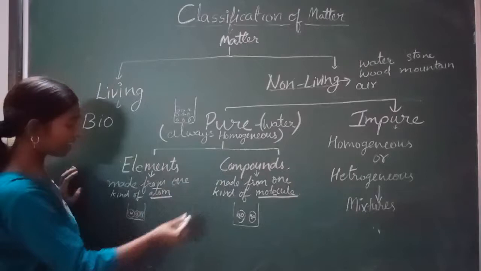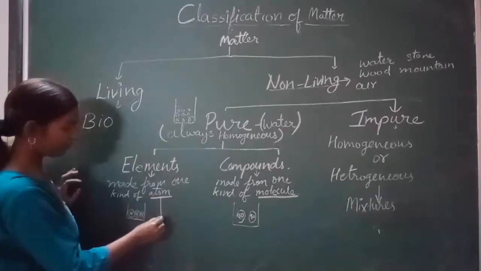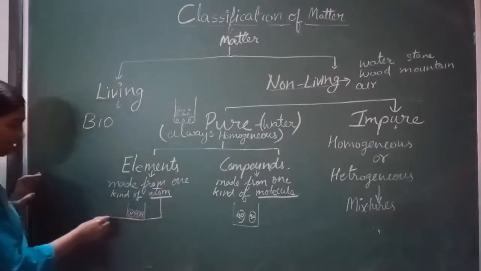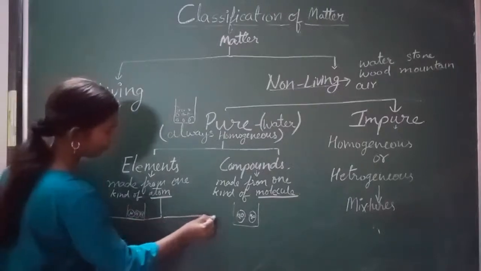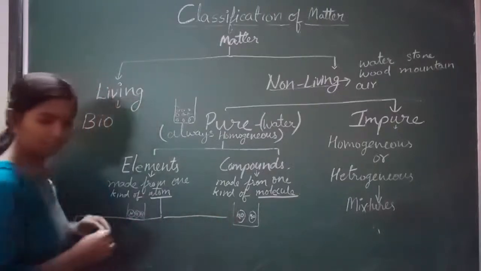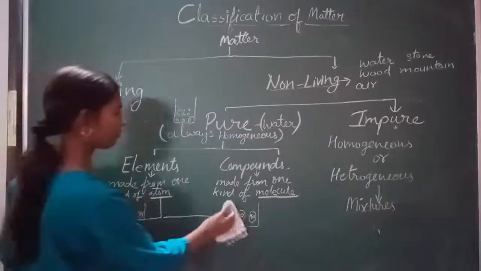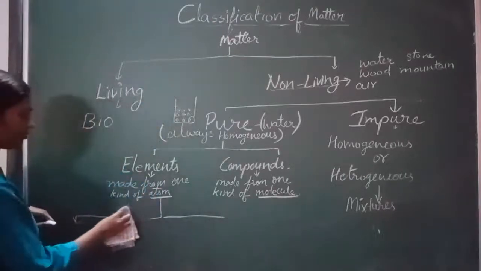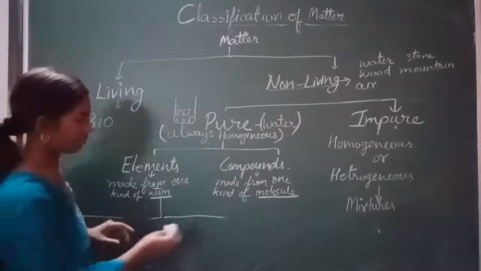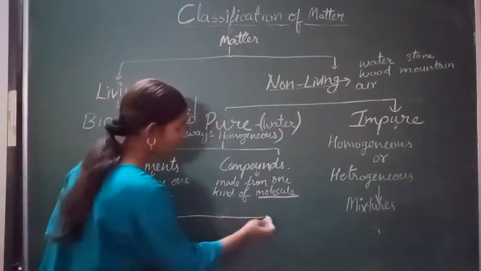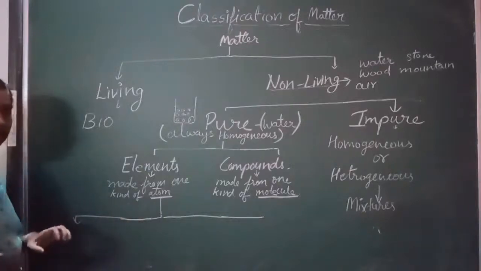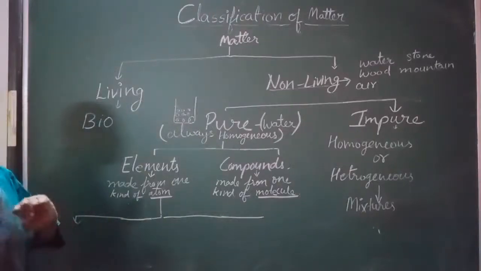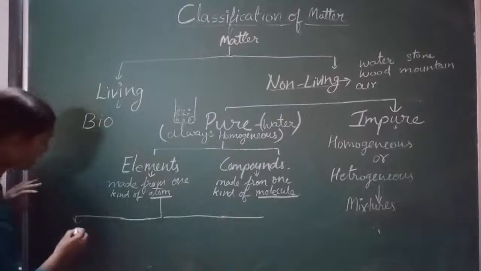Now these elements are also divided again into four categories. Let us see what are the four categories in which these elements are divided. First category, you are very much familiar with, that is metal.